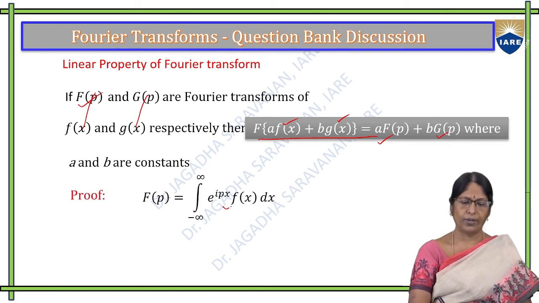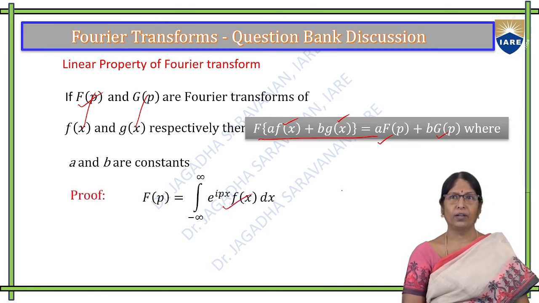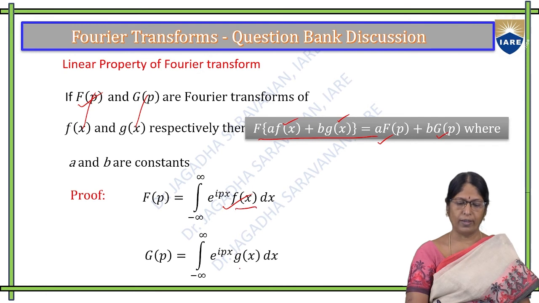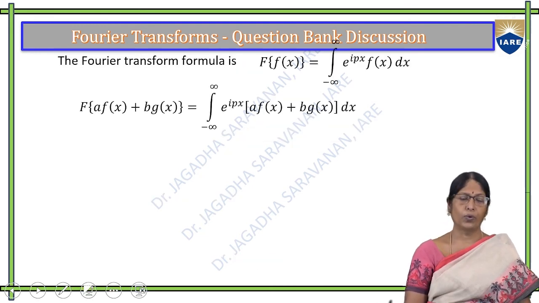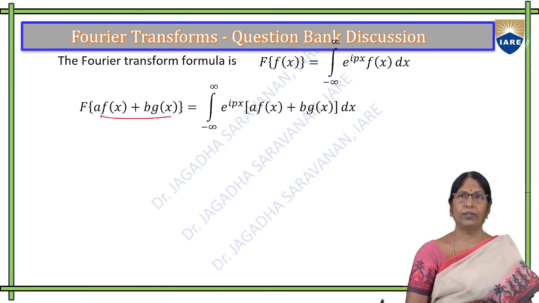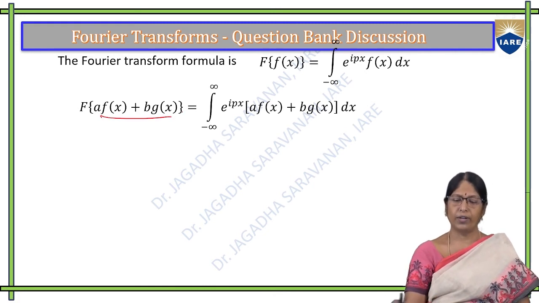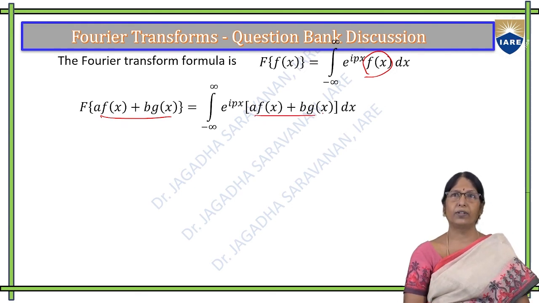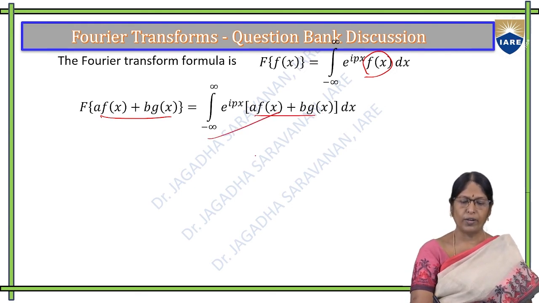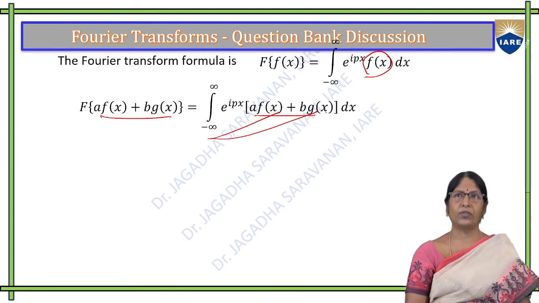So for this, we are recalling the formulas of the Fourier transform for the functions f of x and g of x. Here this is our given function. In the Fourier transform, what is our function? We replaced it, and this one is one integral, and this is the next integral.